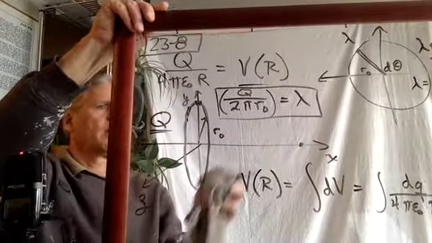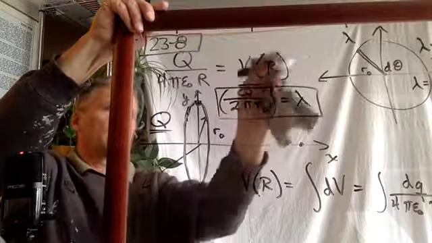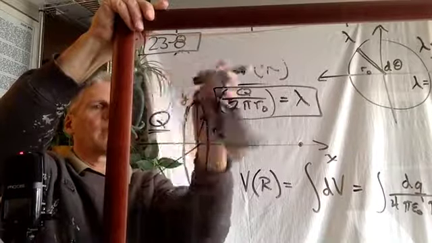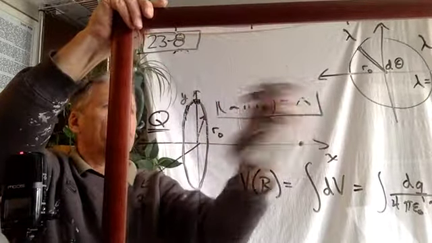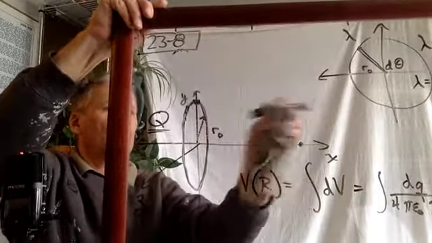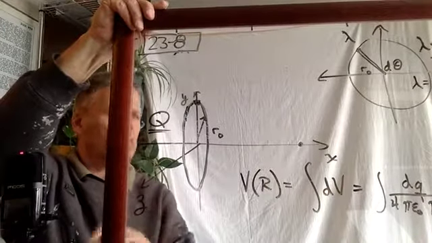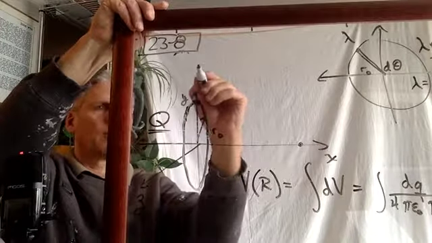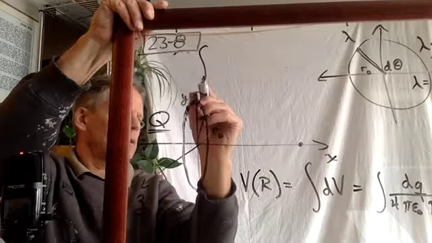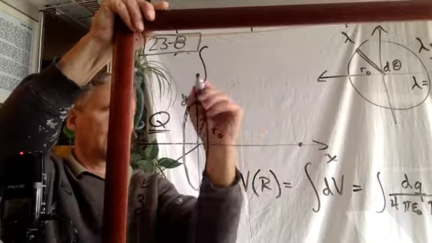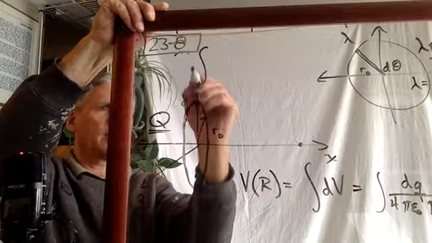Then we can get rid of this stuff here and I can have some room. Now let's look at this integral. This integral is now going to be equal to, let's see, lambda is a constant.